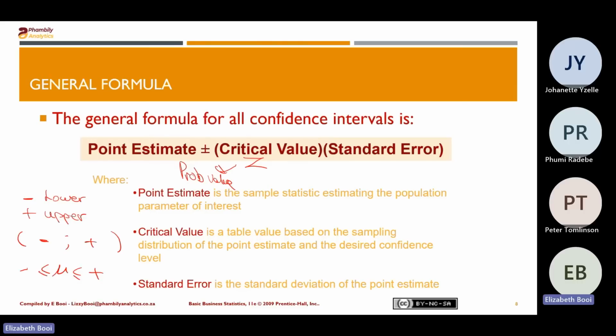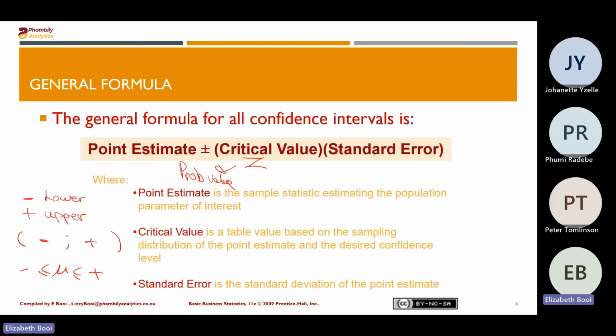So where do I get this probability value? Your probability value is your confidence level value. We're going to find it by using the confidence level, and from the confidence level, we're going to find the level of significance, which is our probability, which is our alpha value. And you might think that, yo, this woman is confusing me.